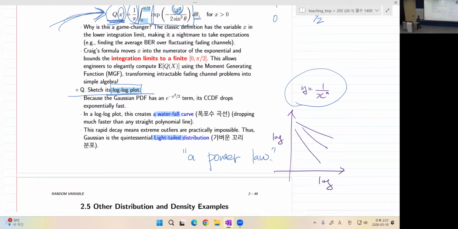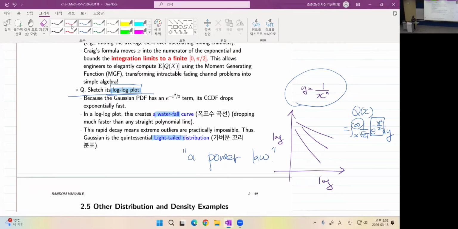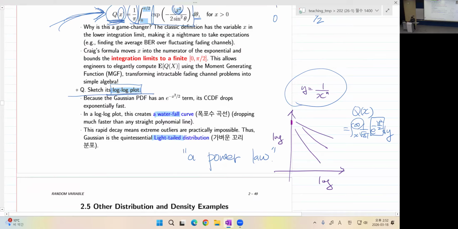What about the Gaussian CCDF, Q of x, in the log-log plot? Do you remember? This is the integration of the standard Gaussian density from x to plus infinity. And you see that the integrand has a very, very small value if you have a large value of x. And the amazing thing is that you still have some curve like this, even though you have logarithmic scales.